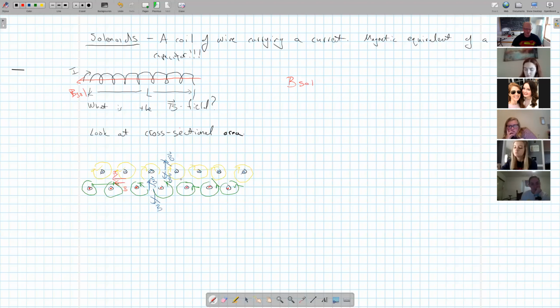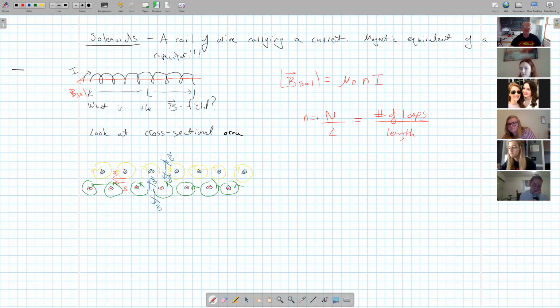Anywhere along the interior of this solenoid, the magnetic field is equal to a constant, and it's given by mu naught times little n times I, where little n is equal to capital N over L, which is equal to the number of loops per unit length.